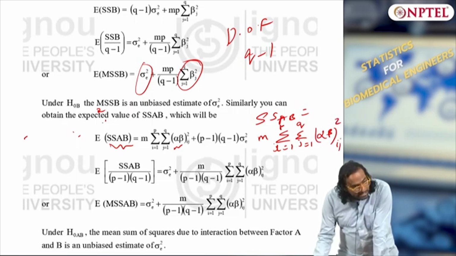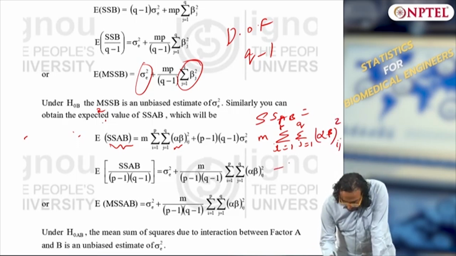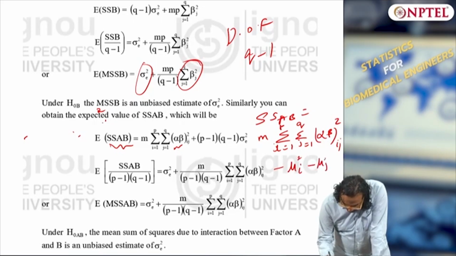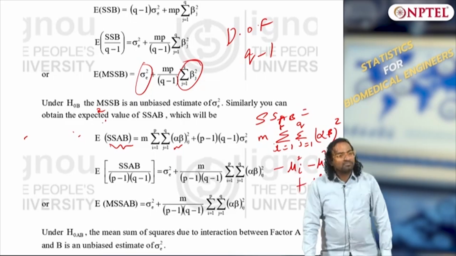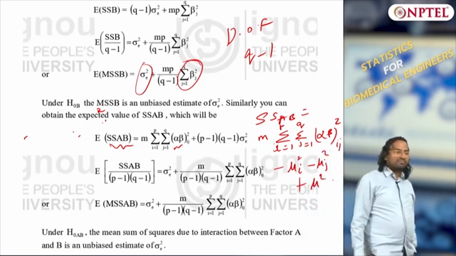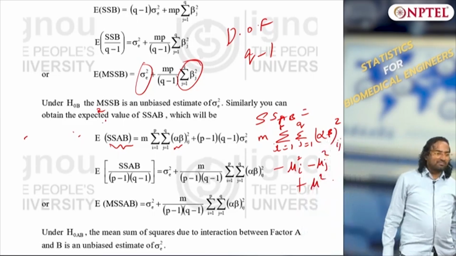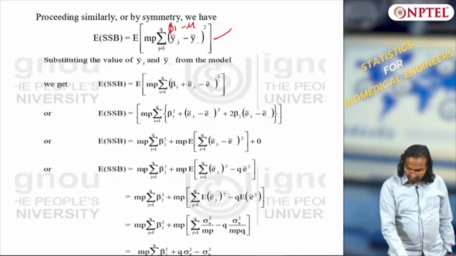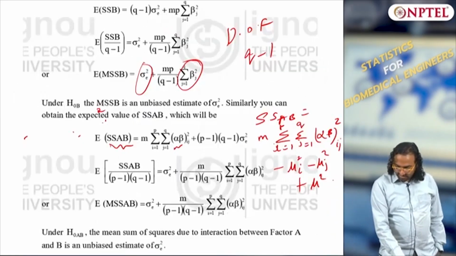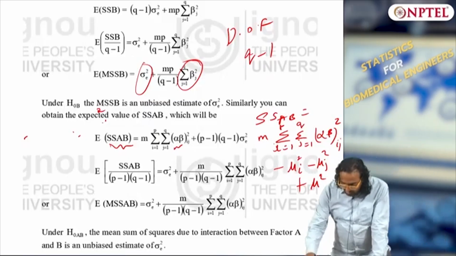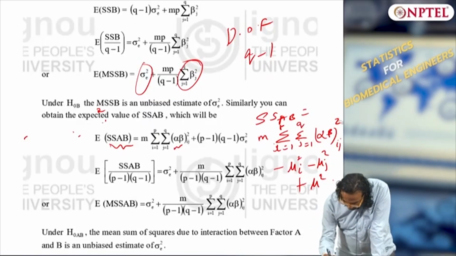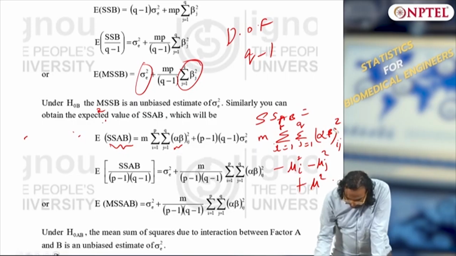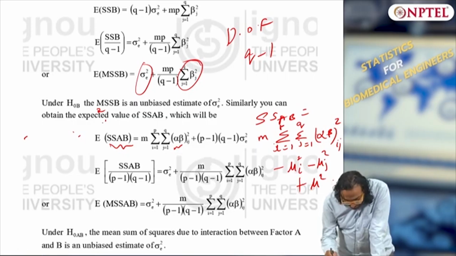Then obviously I should have a subtraction term which should be mu. If I want to know, because the interactions are not there, it will be a whole square.